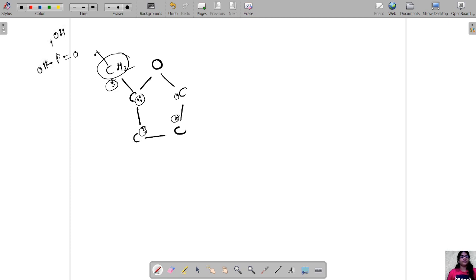So this is your phosphate group, and this is your ribose sugar.